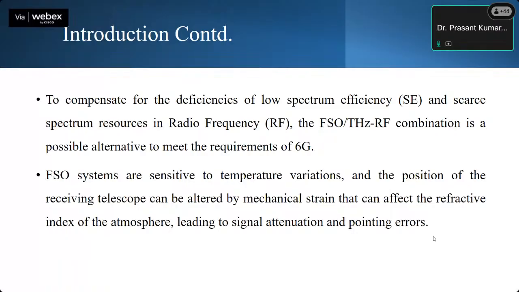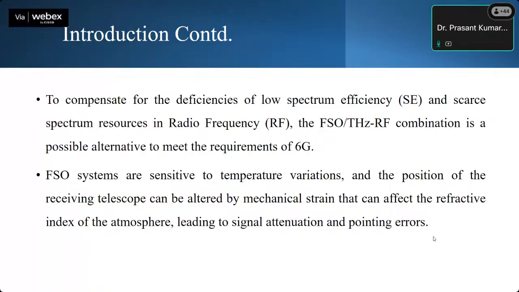So is there any way by which we can solve these problems related to the atmospheric effects, as well as those that lead to pointing errors? That is again a very important area of research. And one more issue is now coming up because of the requirement of massive device to device communications.